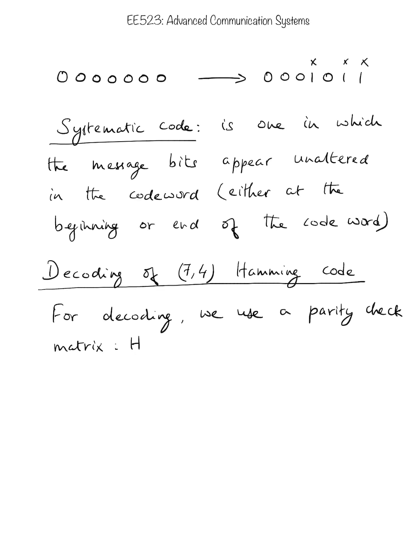So if you look at the generator matrix we had for the 7/4 Hamming code, we had it as 1 0 0 0 0 1 0 0 0 0 1 0 0 0 1 1 and 1 1 1 1 0 1 1 1 0 0 1 1.